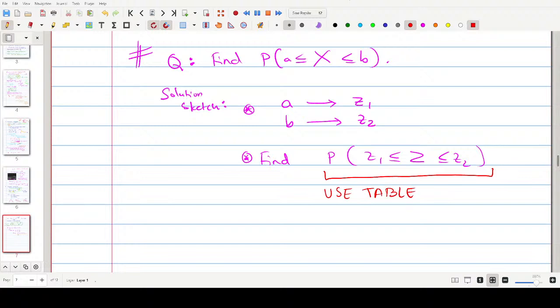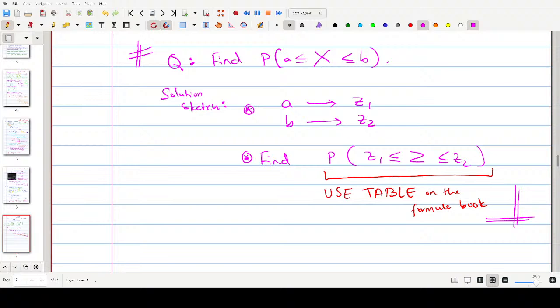There is a table in the formula book. You will be getting a formula book in your exams, as you are aware. From the formula book, we will find the table, and in the table we can easily find out what this probability is.